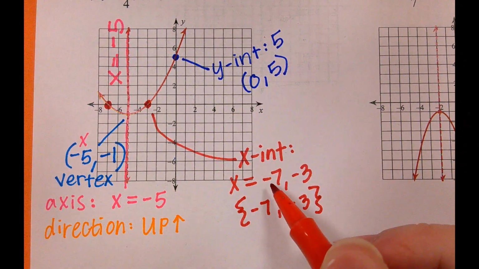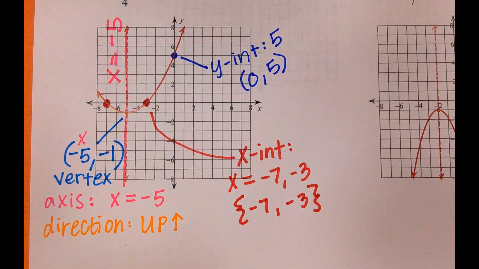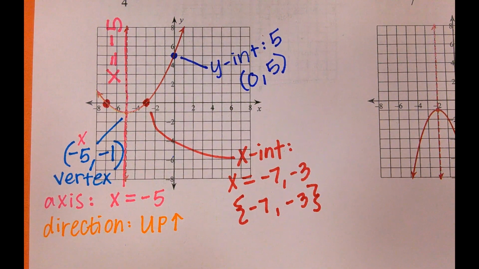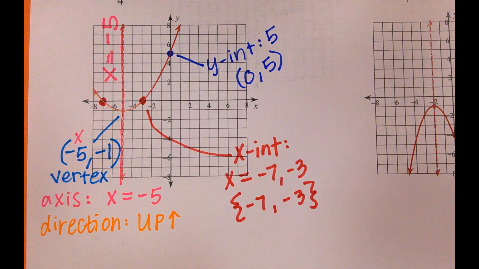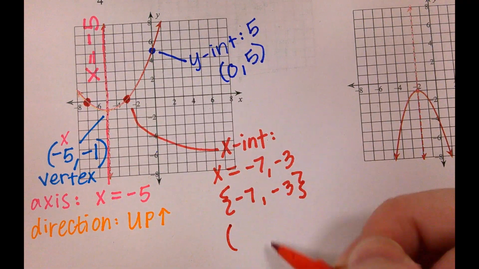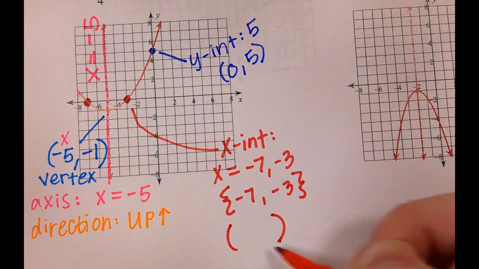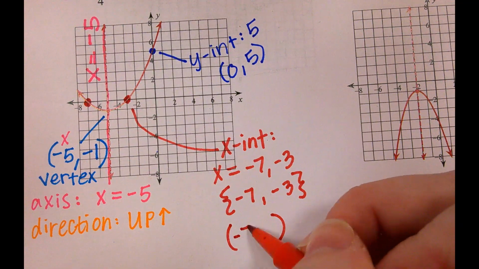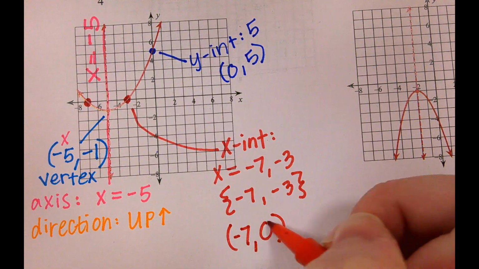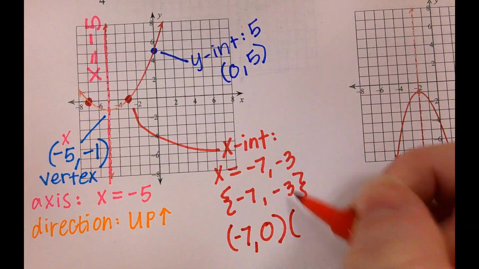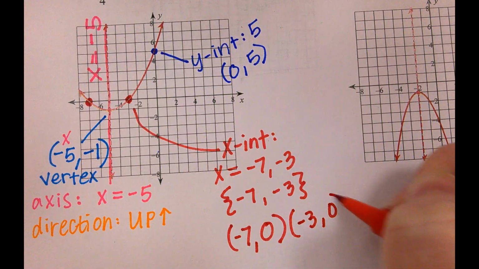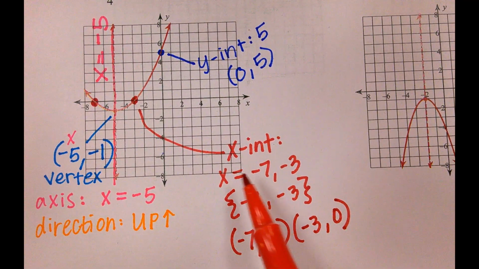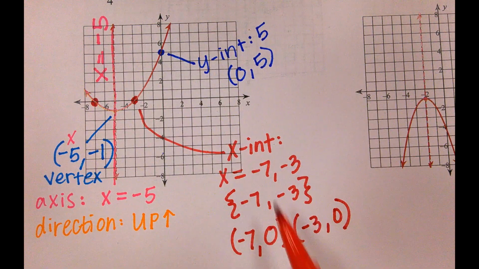Could I write these as coordinates if I really wanted to? I could. How would I do that? What would my -7 coordinate be? -7, 0. Yeah, -7 in the x spot, 0 in the y. And what would my -3 be? -3, 0. Perfect. So there are 3 different ways you could write your x-intercept. You don't have to write all 3.